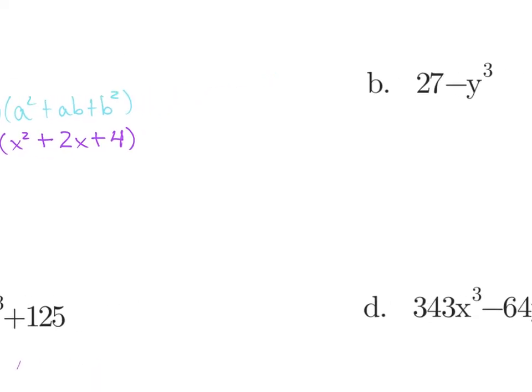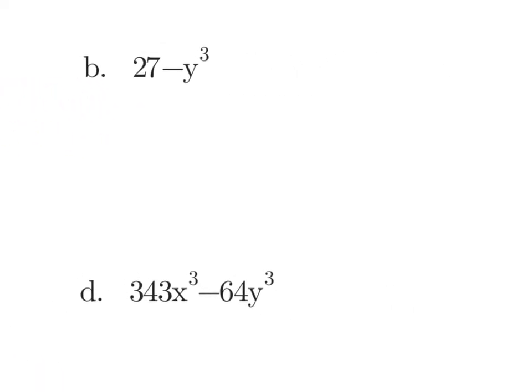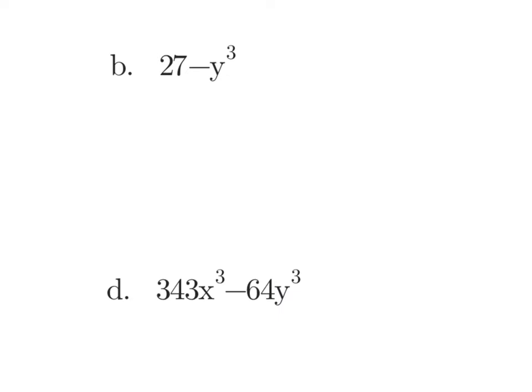Let's go ahead and look at example B. We have that this is a difference of cubes. So the first thing I'm going to do is write out my formula. My formula is a minus b times a squared plus ab plus b squared.